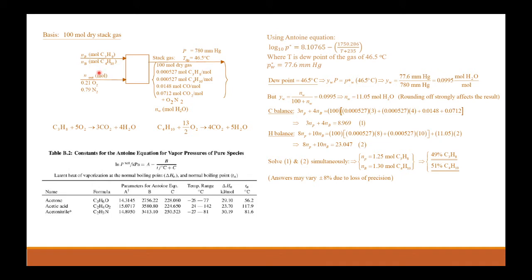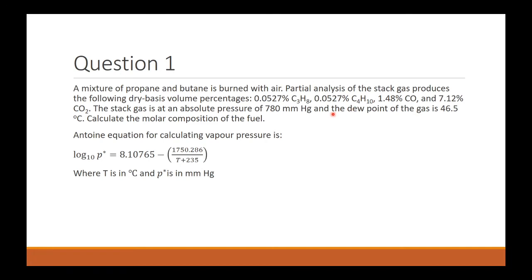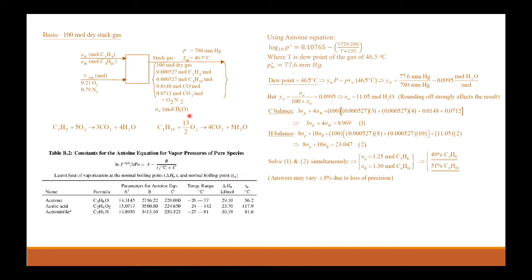Now, you have to burn your fuel with air, so you have air coming in, whose composition is fixed: 0.21 oxygen and 0.79 nitrogen. Then you have your stack gas, which comprises the components given in the question, these 4 components. Of course, you may have oxygen and nitrogen in your stack gas also.